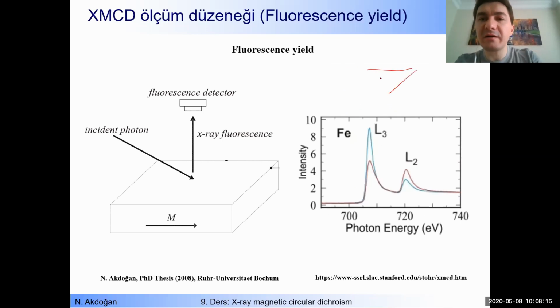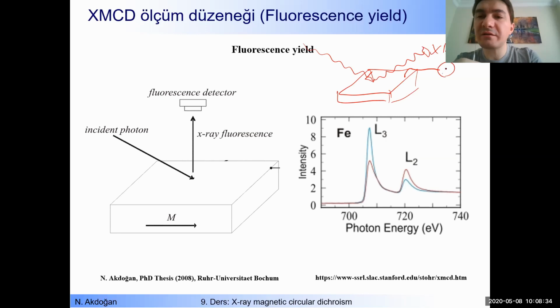So here, this sample, this is the incoming X-ray. If you measure the scattered photon, then this is XRMS. Okay, we have done it during the last lecture. If you measure photoelectrons from the surface, if you measure the current, then this is the TAY method. And here we have fluorescence X-rays.